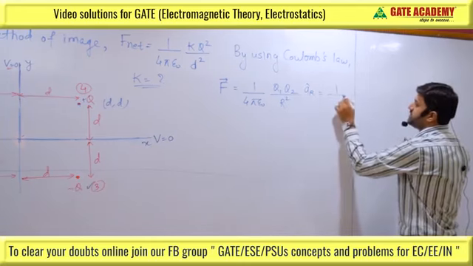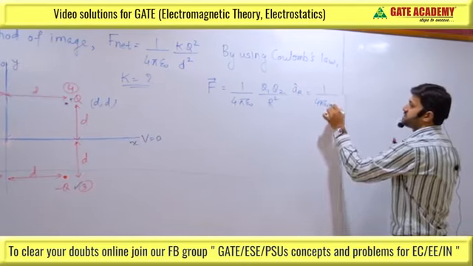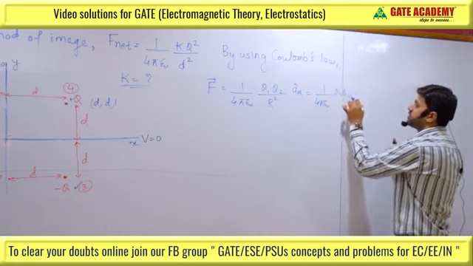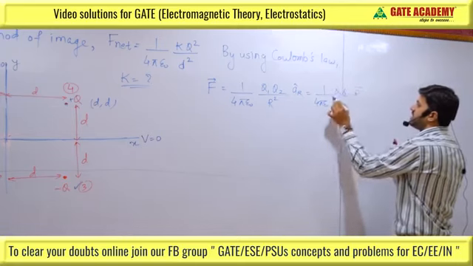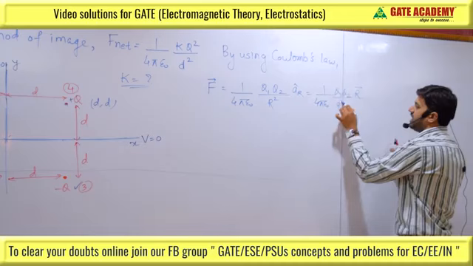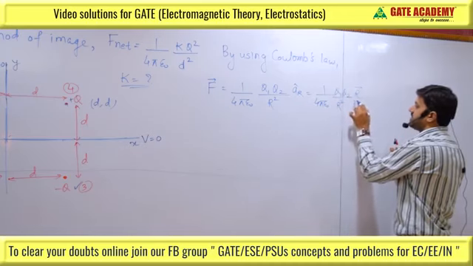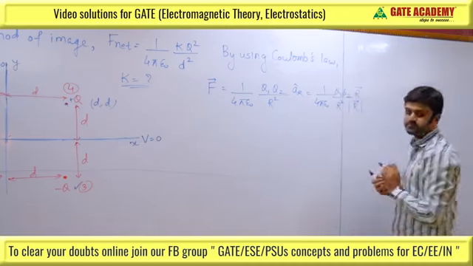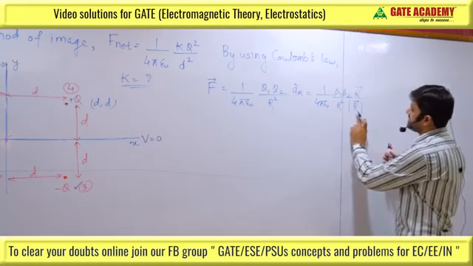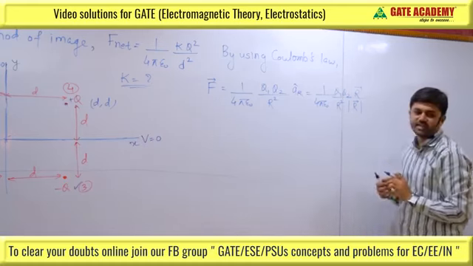So this is equal to 1 upon 4 pi epsilon naught q1 q2 vector r divided by r square and its magnitude. So its magnitude is nothing but r, so we can write it as r cube also.